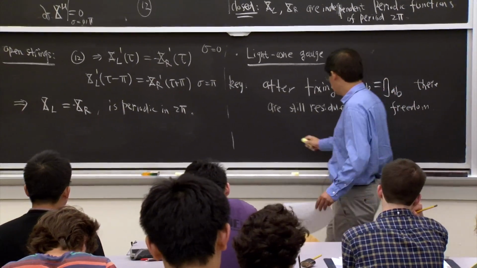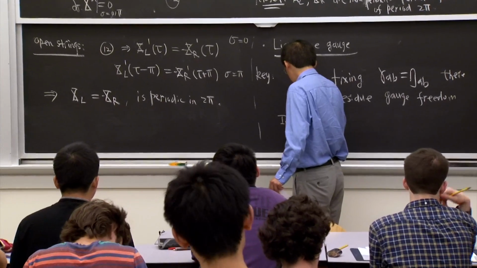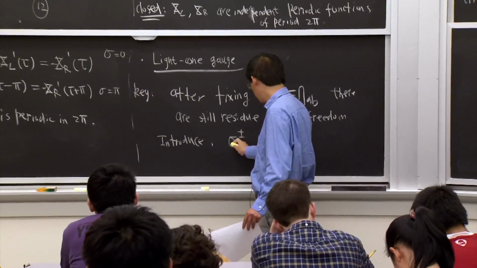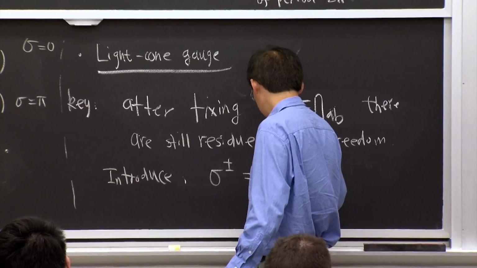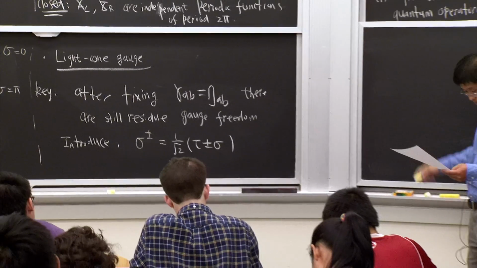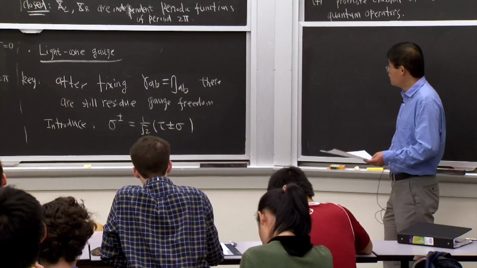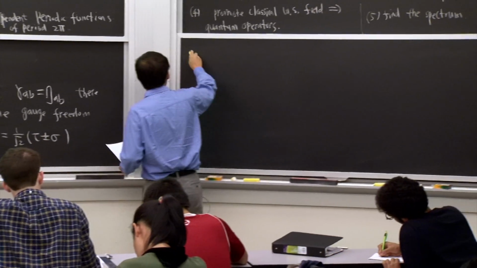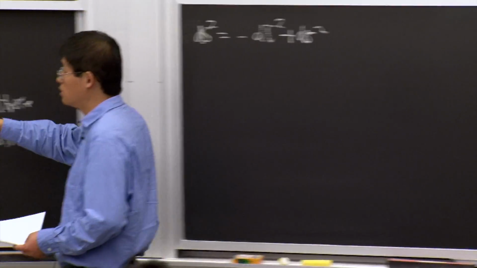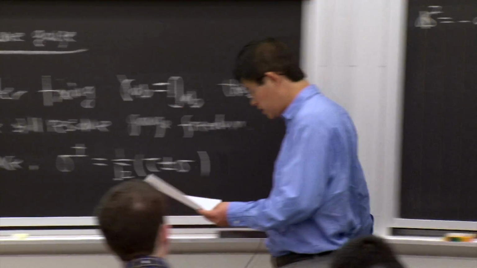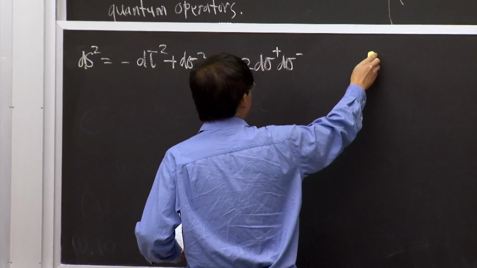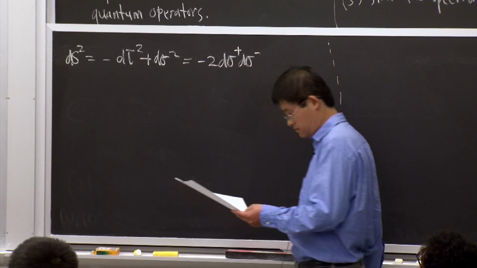To see this, I have to introduce the so-called light cone coordinates on the worldsheet. I introduce σ^± equal to (τ ± σ)/√2. Then the worldsheet metric can be written as minus dτ² plus dσ², because we take the Minkowski metric. This can be written as minus 2 dσ^+ dσ^-.